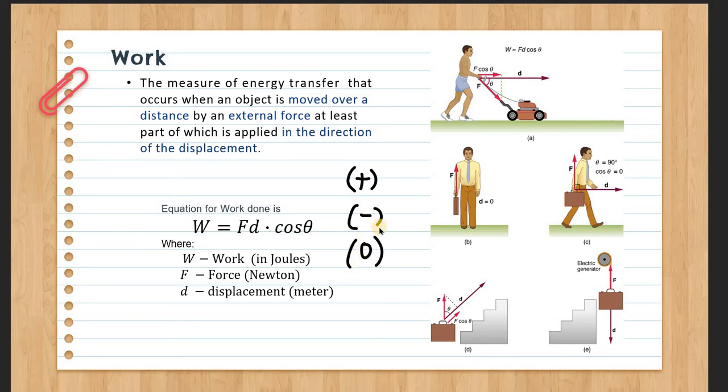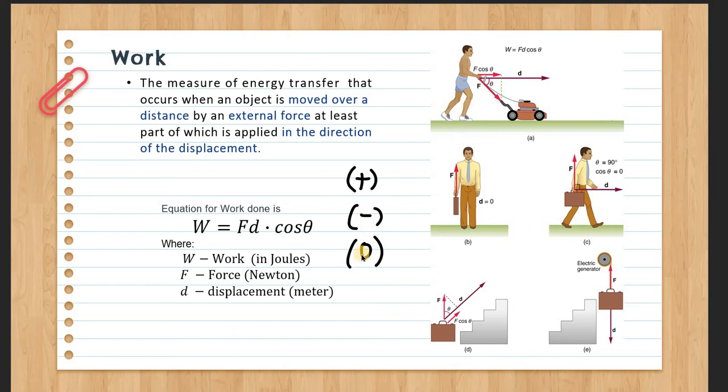Kapag parehas ang direction ng force at ng displacement, halimbawa, tinulak mo yung object, so yung pagtulak mo, dun din napunta yung object kung saan mo siya tinulak, then positive yung work. Negative kapag naman opposite yung displacement. Okay.